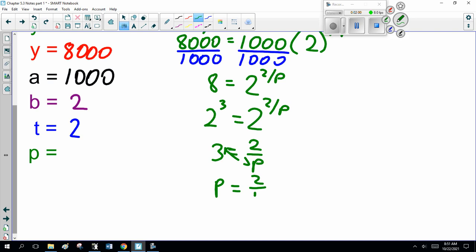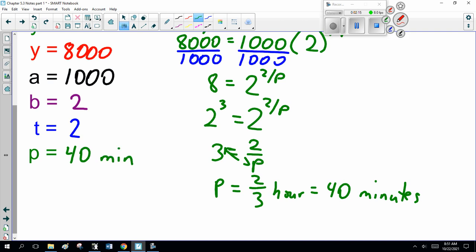P is 2/3 of an hour, 40 minutes. So doubling time is 40 minutes. All right. See how that goes?